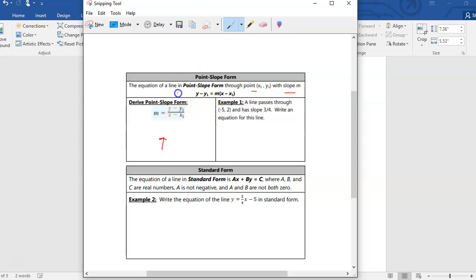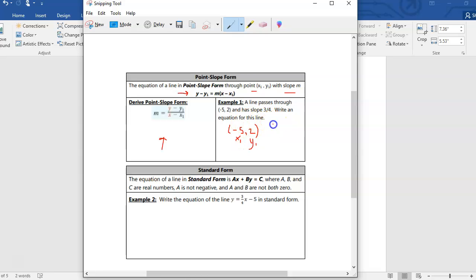I'm going to use this point slope form, which is y minus y1 equals m times x minus x1. When they give me the point, in this case they give me (-5, 2), I have over here my y1 and my x1, okay?